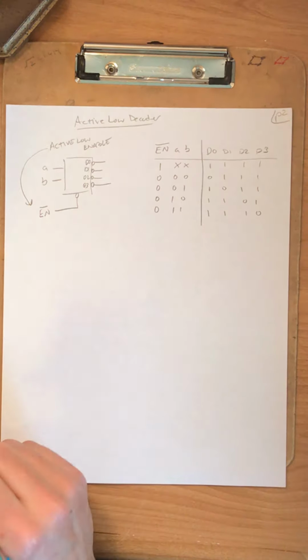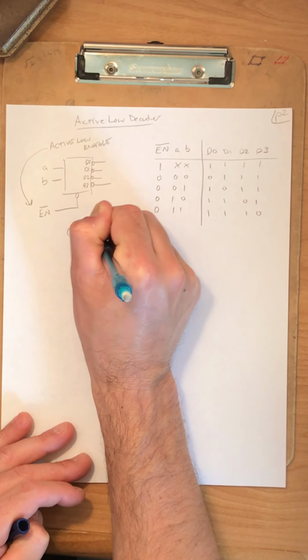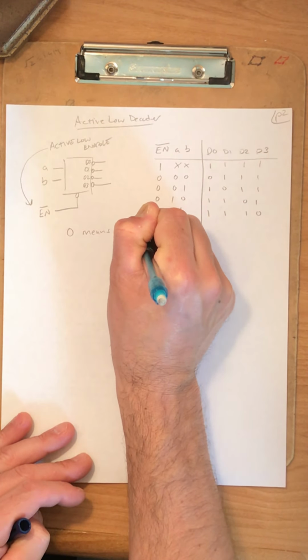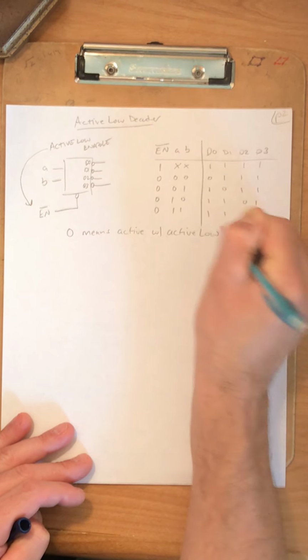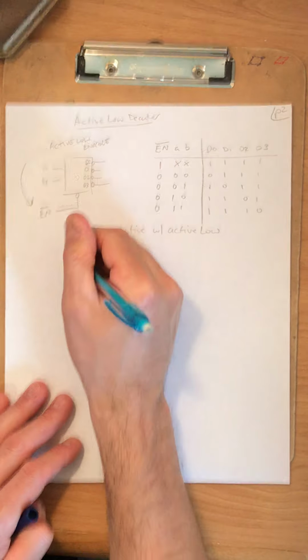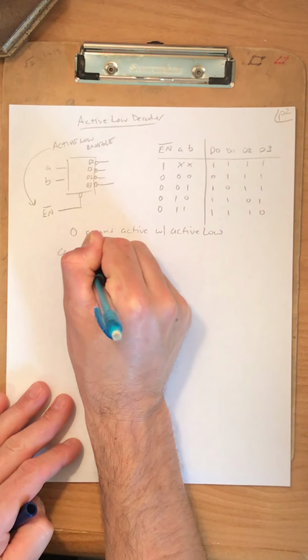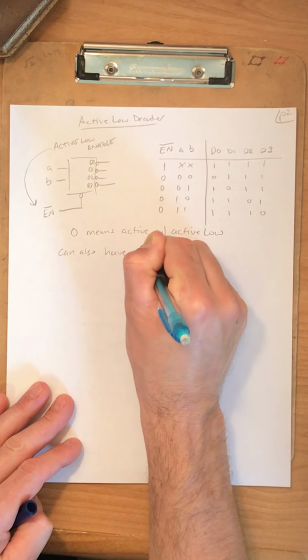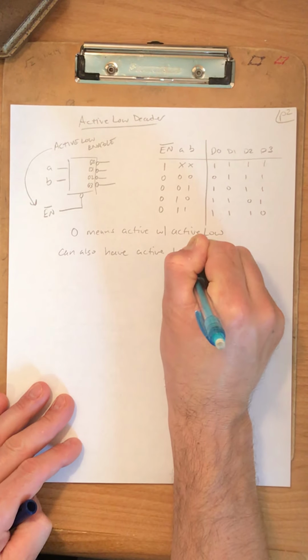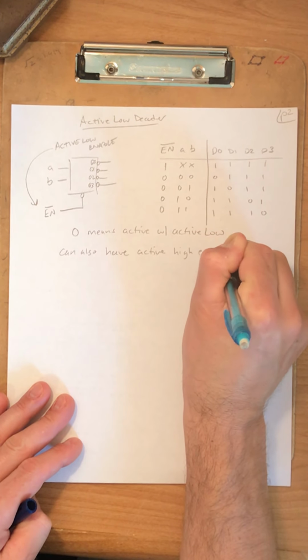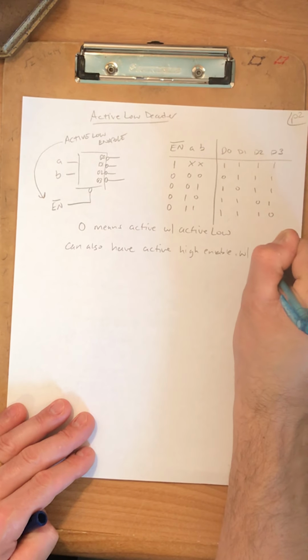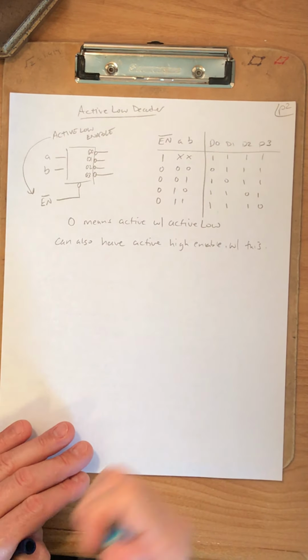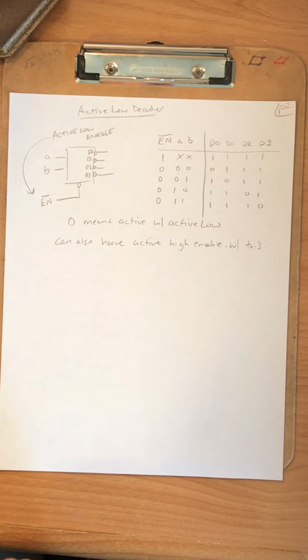So the 0 is for active, with active low. You can also have an active high enable with this type of decoder.